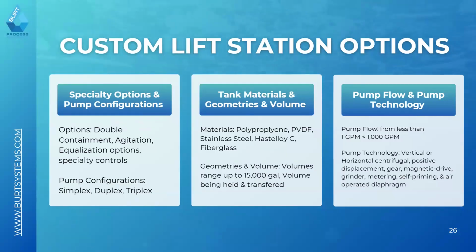This is not even extensive, but just to give people an idea: polypropylene, PVDF, Hastelloy C, lined stainless, fiberglass. There's a lot of different types of materials that can be utilized because you see a lot of different types of waste streams.